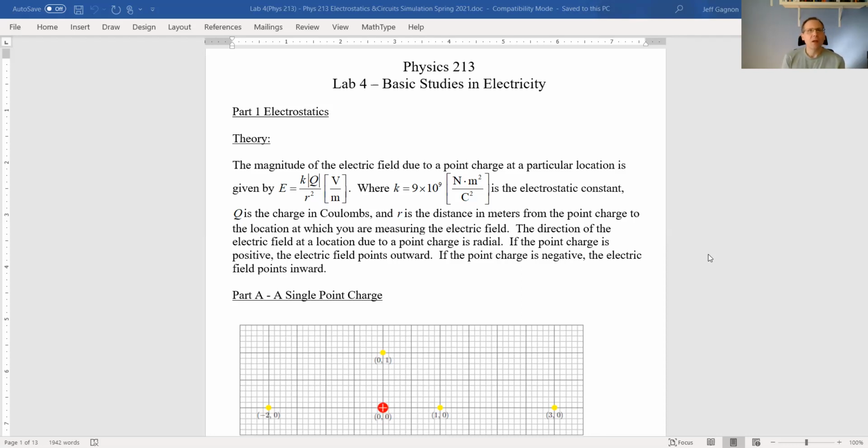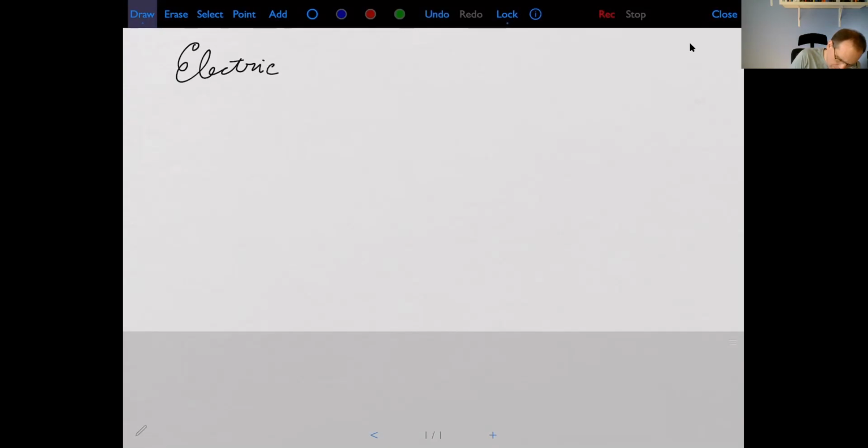Okay, all right. So to start, let's go over a little bit about electric fields. So I'm going to switch over to the iPad. Okay, so we want to first discuss electric fields due to point charges.